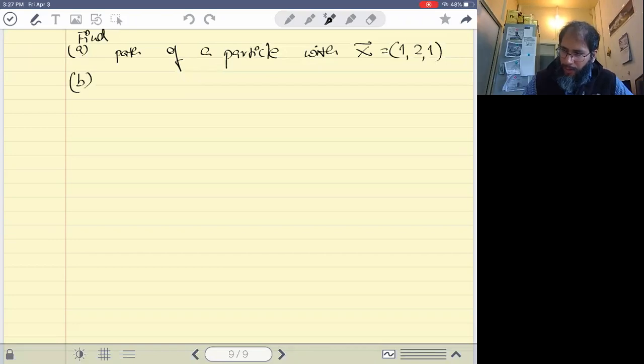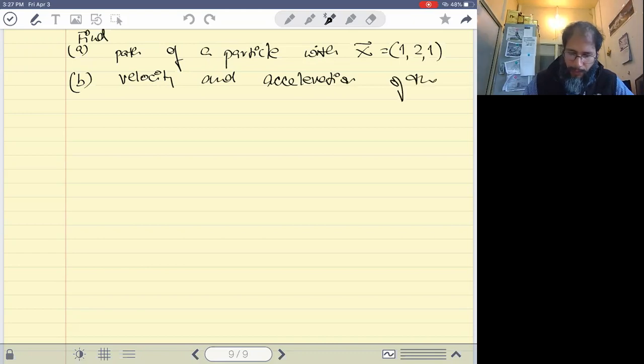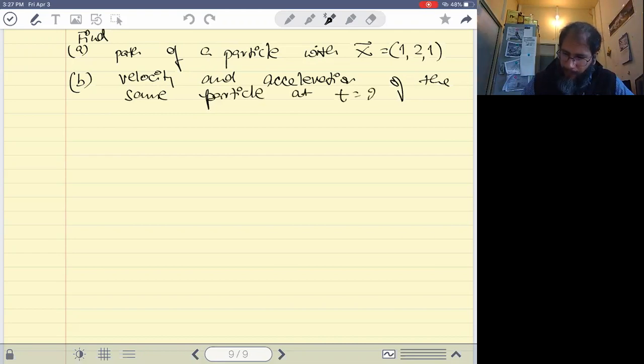And the second question is, you have to find the velocity and acceleration of the same particle at t equal to 2 seconds.